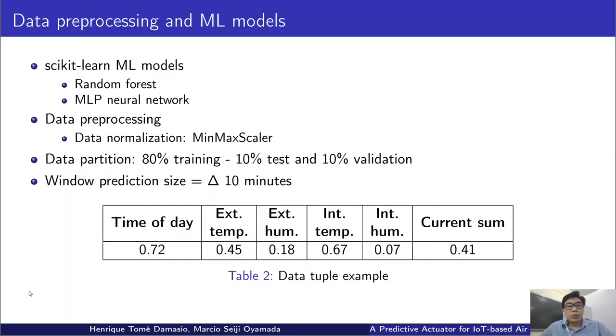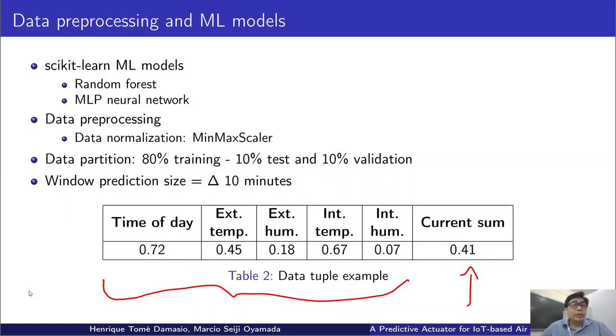This table shows an example of a data tuple used in the training process. The time of day, the external temperature and the humidity are used as input, and the current in the next 10 minutes is the value to be predicted.